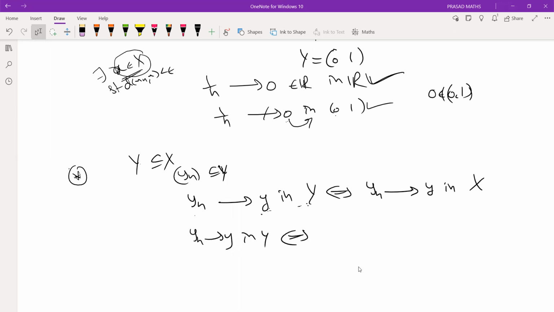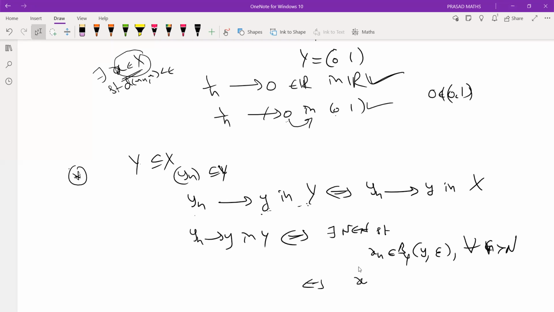What is my definition? There exists a stage such that all terms should be in the ball centered y comma epsilon for every n bigger than N. After the stage, all terms should be in the ball.